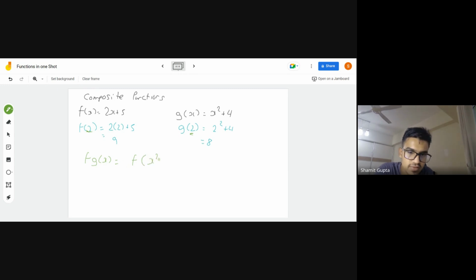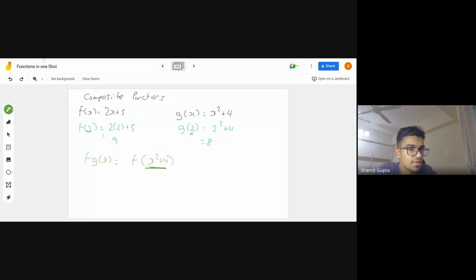What's g(x)? x squared plus 4, right? So what did you used to do? If it was f(2), you would replace x with 2. g(2), you'll replace x with 2. Now replace x with x squared plus 4. And remember, if it's f(g(x)), it means g(x) is going inside f. It doesn't mean f is going inside g(x). It's always the right one which goes inside the left one.